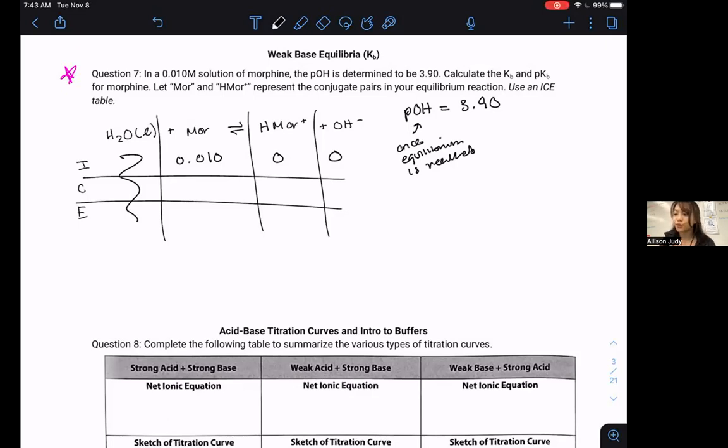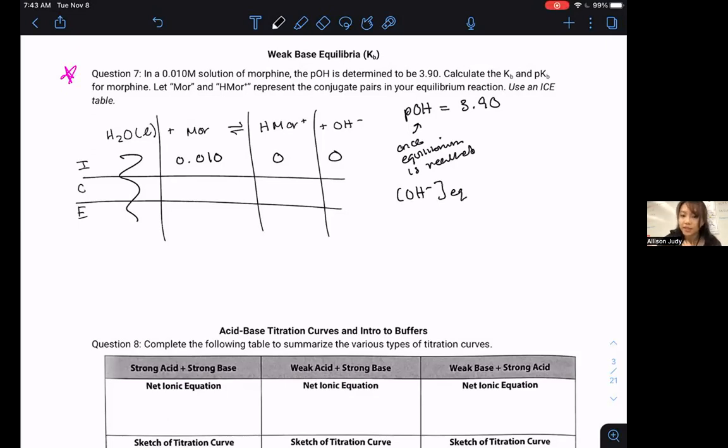So what you'll notice quickly is you can't really fill out the ICE table any further based on the prompt information, or so you think. Now, the prompt does give you the pOH once equilibrium is reached, the pOH of the entire solution. So if I know the pOH, then I can use logarithmic manipulations and find the OH concentration at equilibrium.